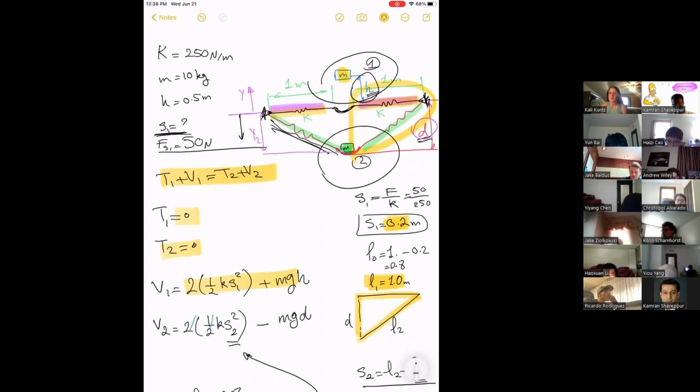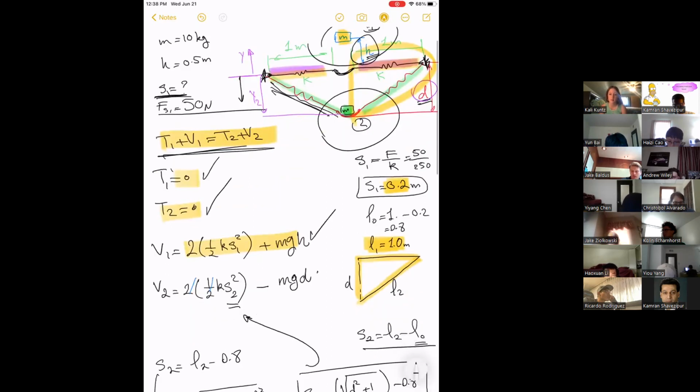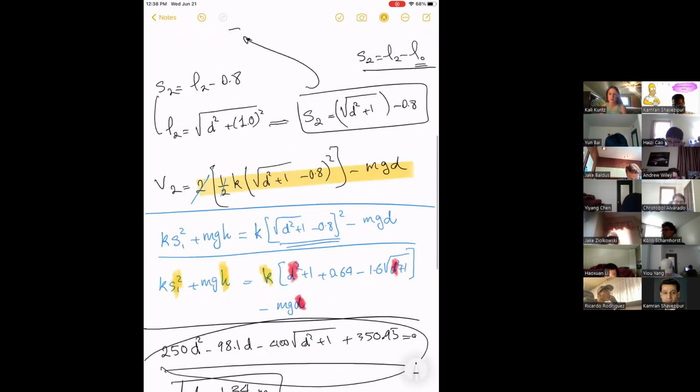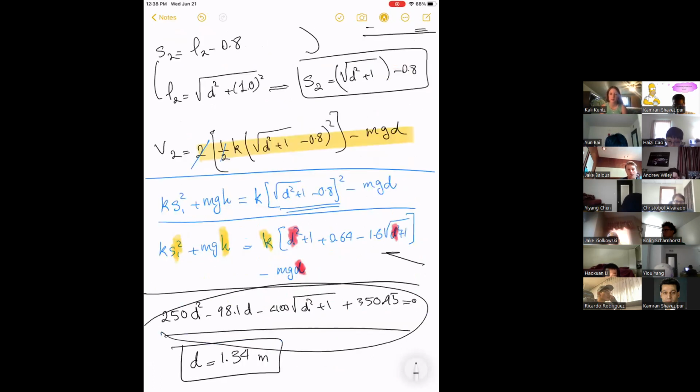We determined there's no non-conservative force. So this is my equation. I got my T1, T2, V1, V2. The rest was calculation of the parameters from geometry and other information, getting all the way into this big equation and solving it. Any question about this?